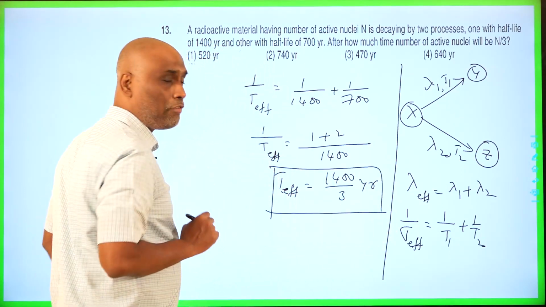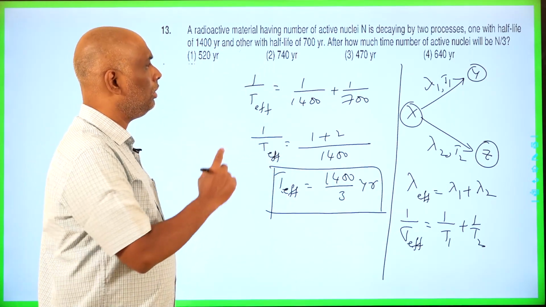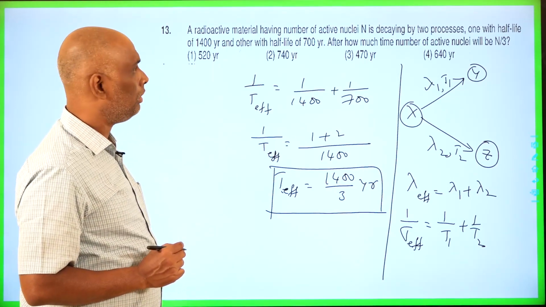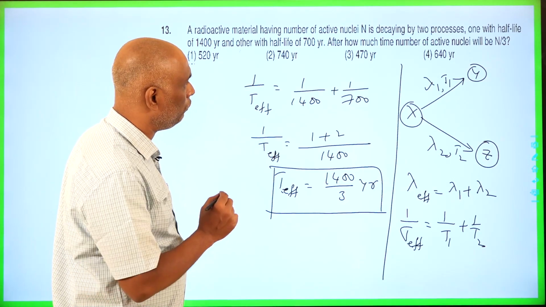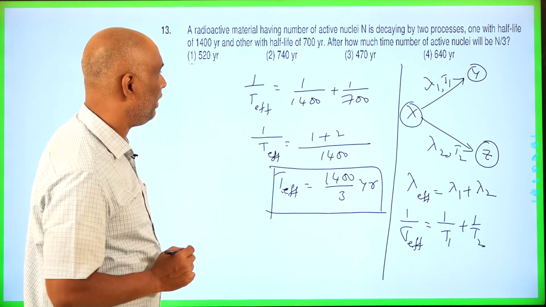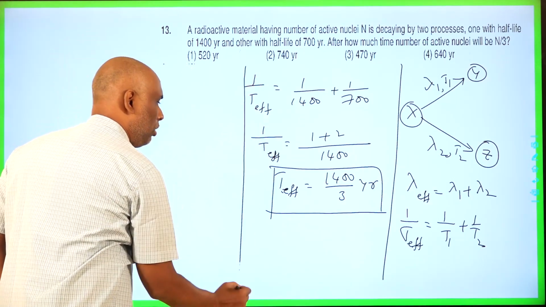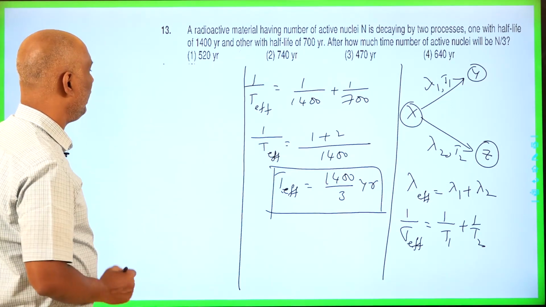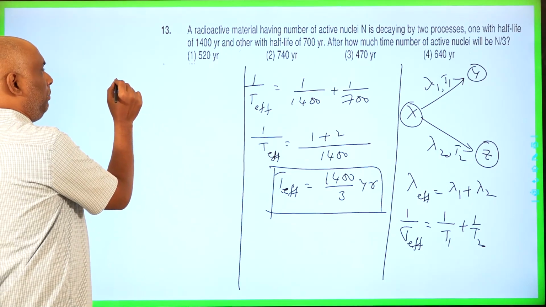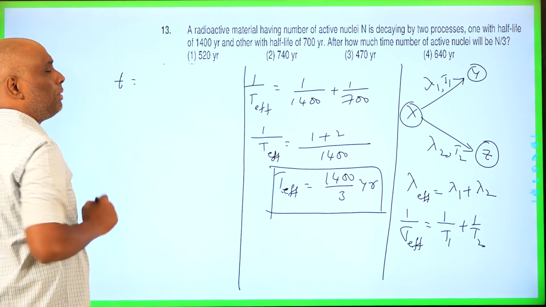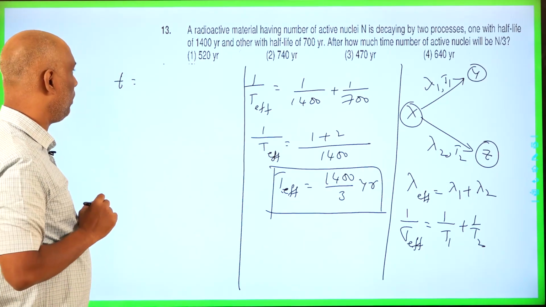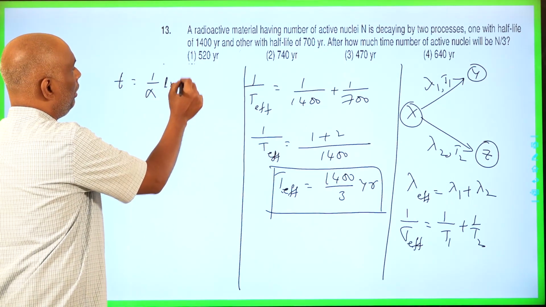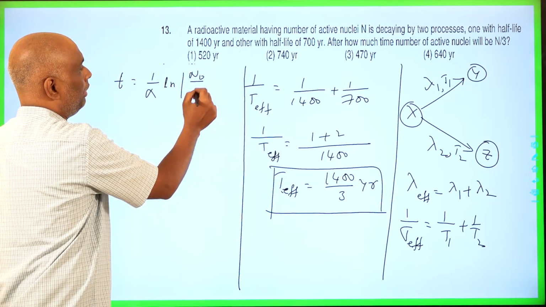This will be the effective half-life. Here they have asked to find the time taken for the number of nuclei to change from n to n divided by 3. According to the law of radioactive disintegration, the time taken to change the number of nuclei from n0 to n is given by T equals 1 divided by lambda into ln of n0 divided by n.